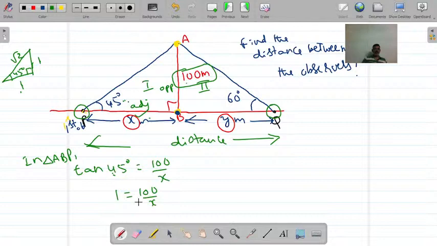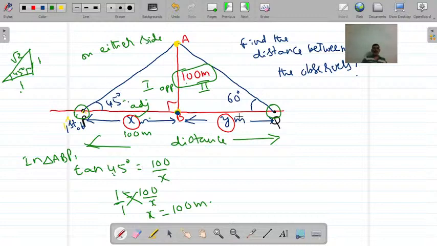Go for cross multiplication, so x is equal to 100. So this observer is at a distance of 100 meters from the foot of the temple. Here they give on either side, which means one observer is on one side and the other person is on the other side.